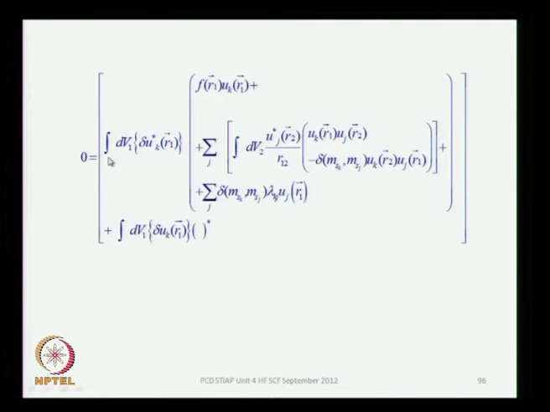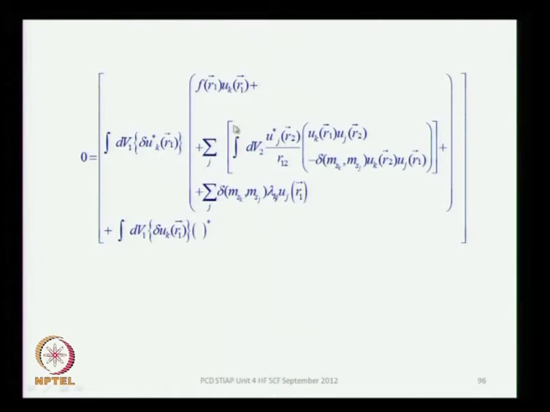This is an integration over coordinate 1, integration of what? Integration of an integrand, that integrand is a function of R1, and that function of R1 is written as a product of two factors, one is this, which is in this beautiful bracket. This is an arbitrary variation in the kth orbital. The other factor is what is sitting in this bigger bracket from here to here. This is the other factor.